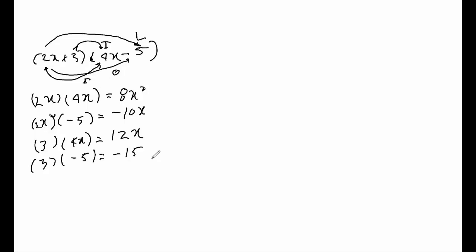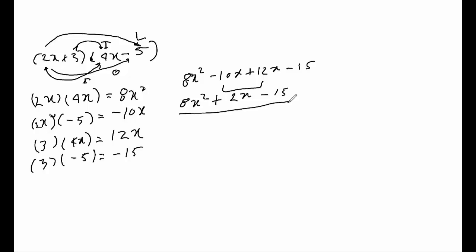And then I'll take all these and put it all together. 8x squared minus 10x plus 12x minus 15. Now these two are like terms, so I will add those two up to get 2x, and then bring this one here, and I have 8x squared plus 2x minus 15, and that would be my final answer for multiplying those two binomials.